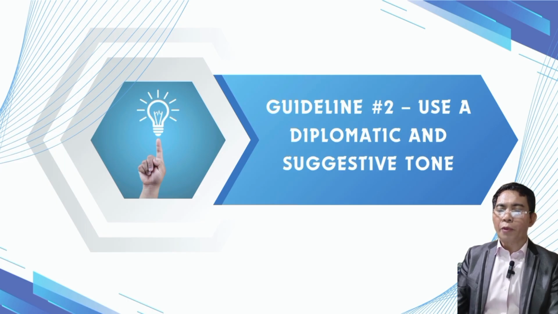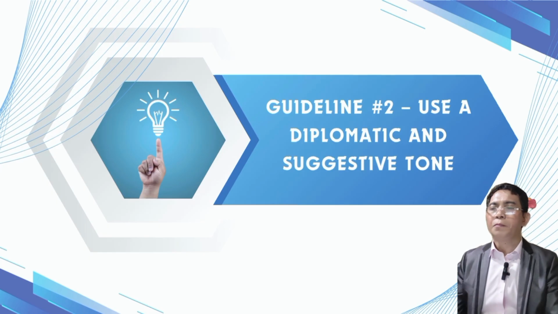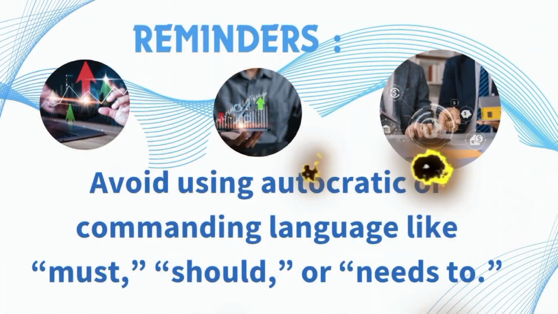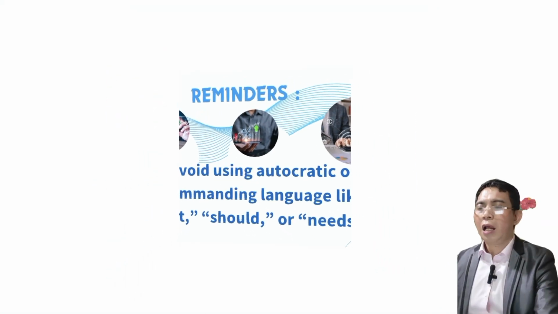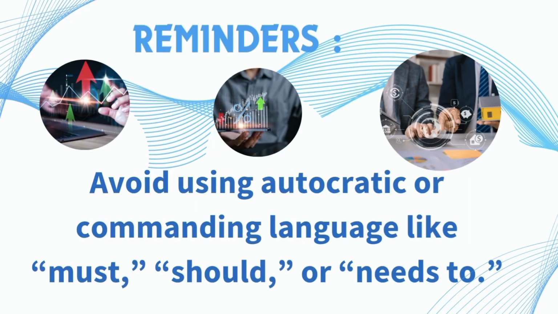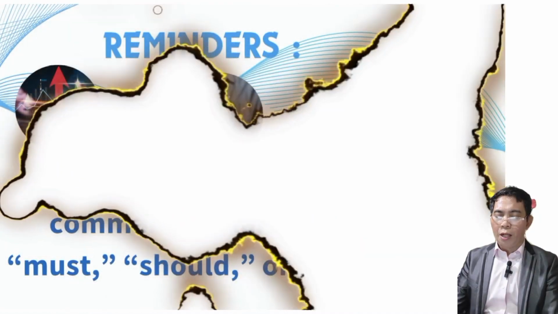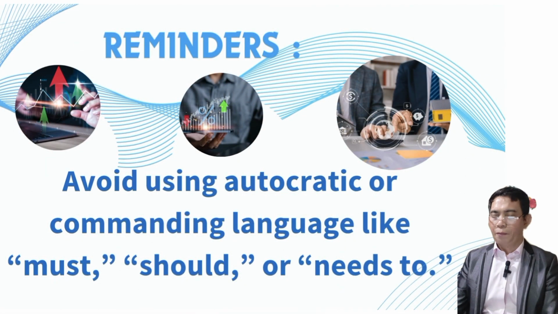This approach respects the autonomy of the reader or institution to decide whether or not to adopt your recommendations. Reminder: you always have to be persuasive but not imposing in your use of language.